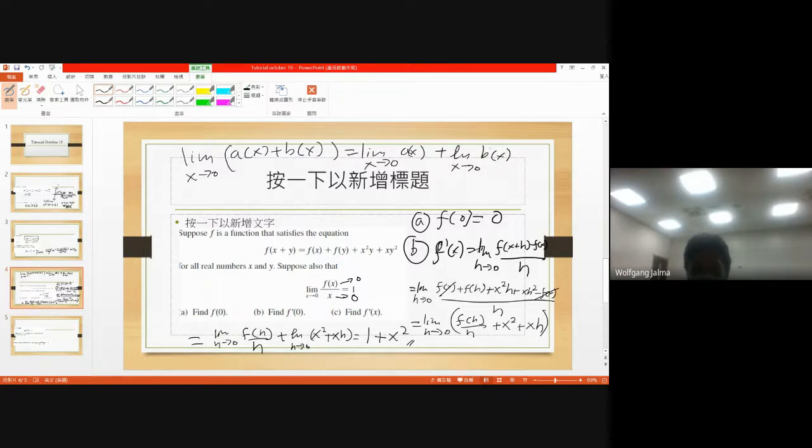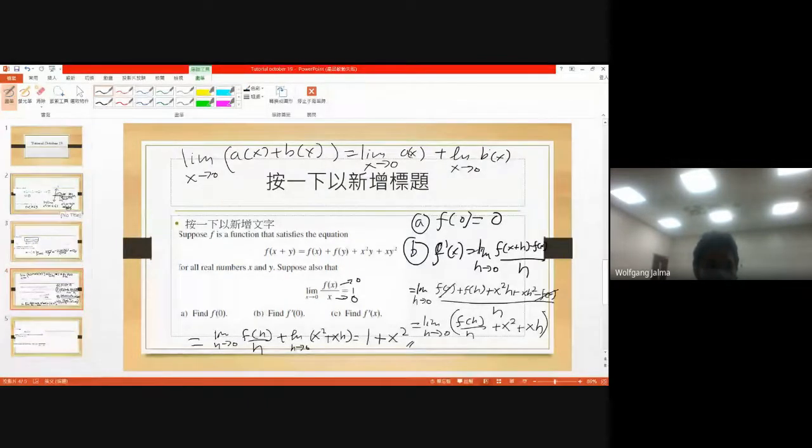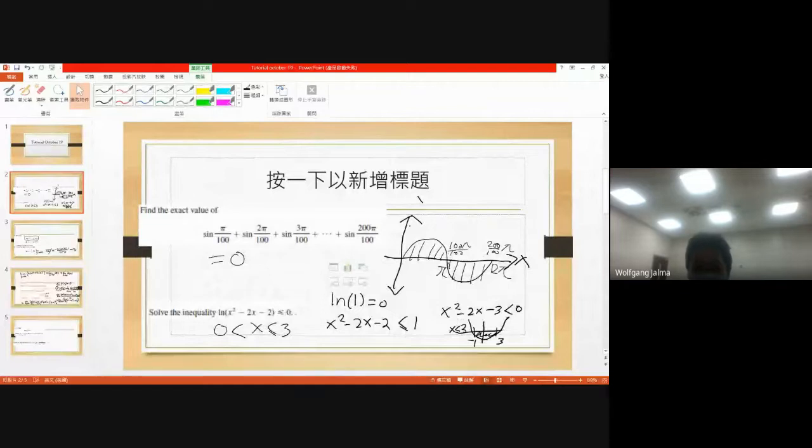Okay, I return to the previous question. Sorry, I made a mistake. The first time the answer was right, but it's not right in the calculus because I forgot something. As was said, inside the logarithm cannot be 0 or negative, right?